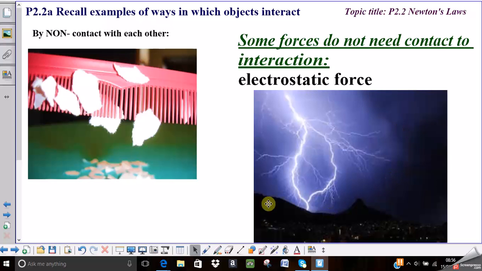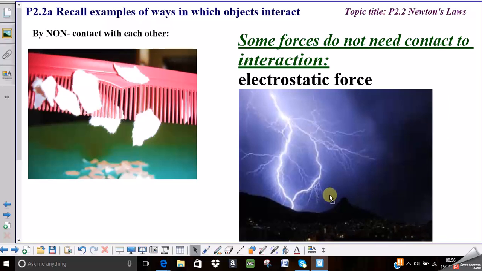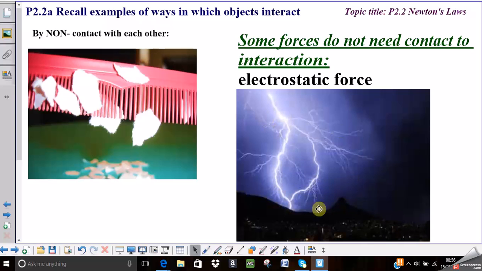The same thing here: when lightning happens, electric charge travels from the clouds to the ground through a long distance, probably a few kilometers, even though there is no direct contact between the cloud and the Earth, because in this situation there are conditions that allow this lightning to happen. But this is also due to the electrostatic force, which is a non-contact force.